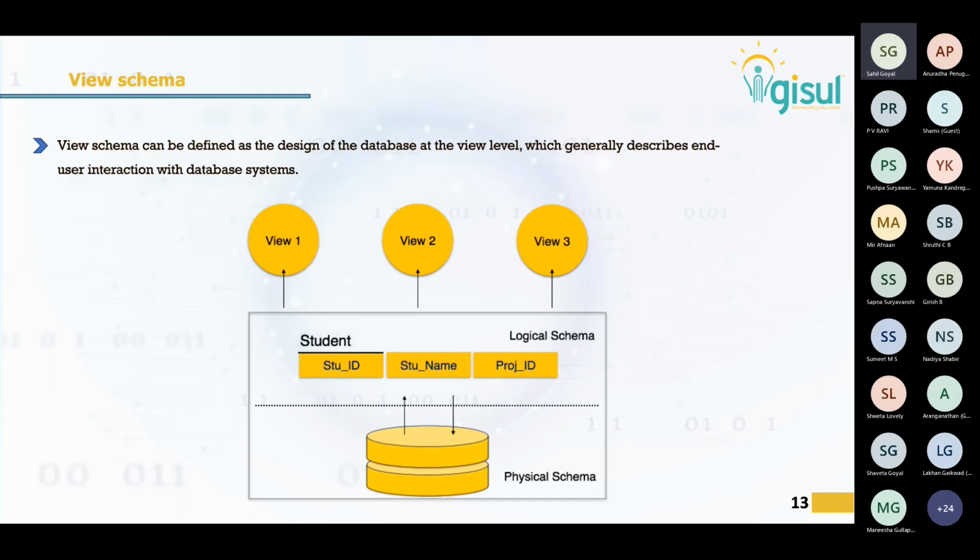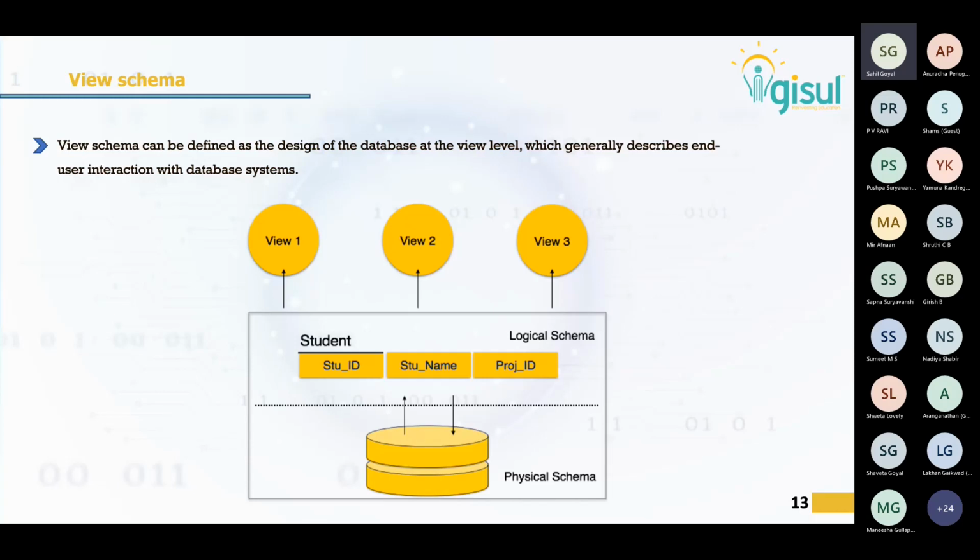But as an end user, I want to see only two columns out of it, which can be student name and their project information. As another user, I want to see only the student ID and their marks. As another user, I just want to see the student name and the corresponding class in which the student is studying. So that is where the view schema is basically that representation, which is going to differ for the user who is viewing that information.